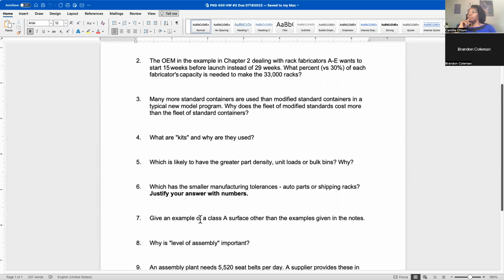Number 6, make sure you write down how you came up with the number. When you start talking about manufacturing tolerances, which one has the smaller tolerance, auto parts or the shipping racks?